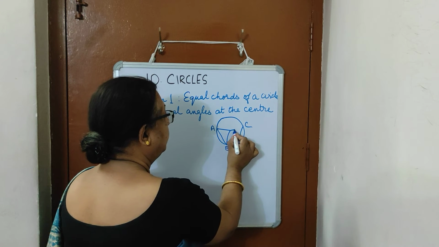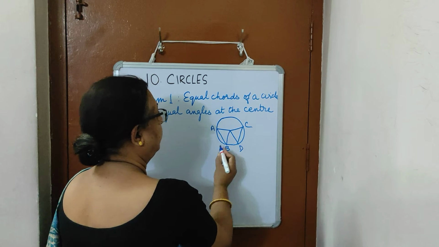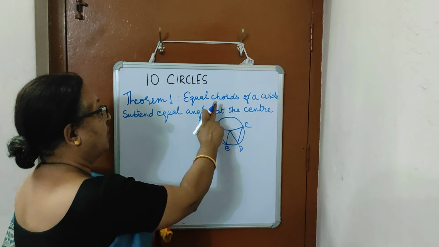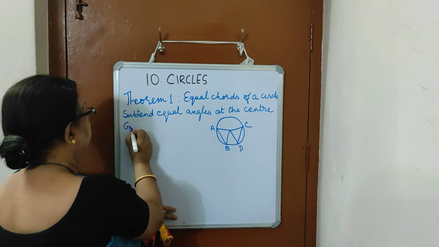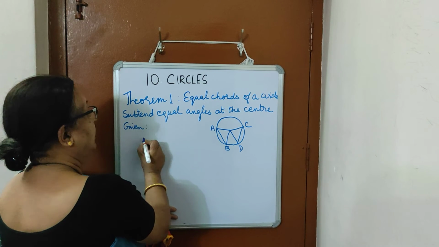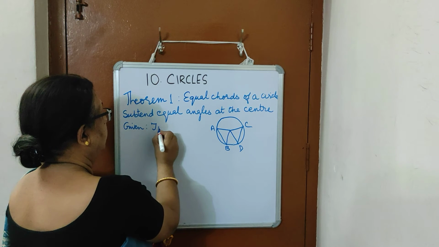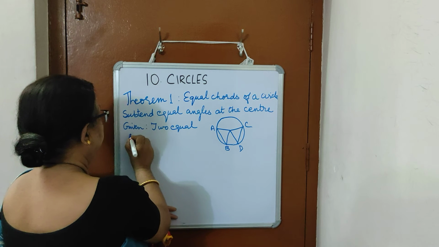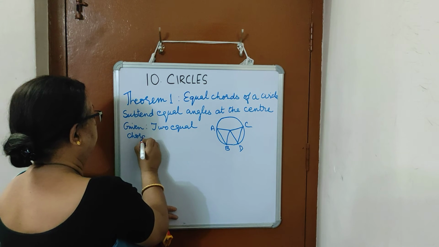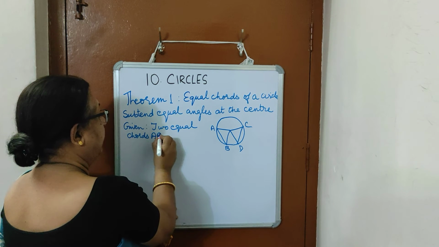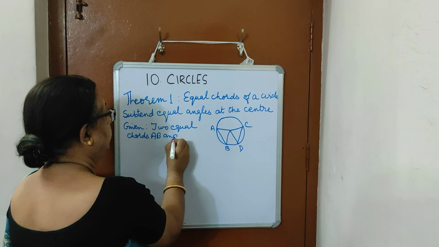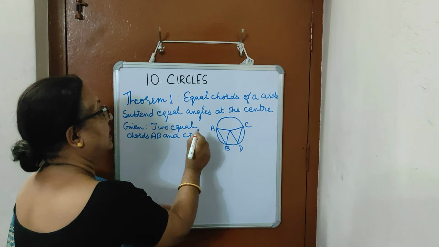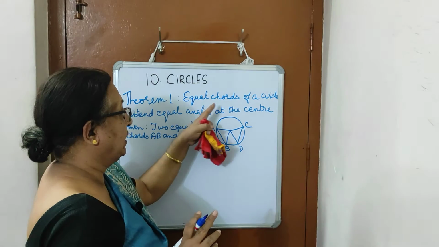We join them to the center. Given: two equal chords AB and CD. This is given to us, equal chords.